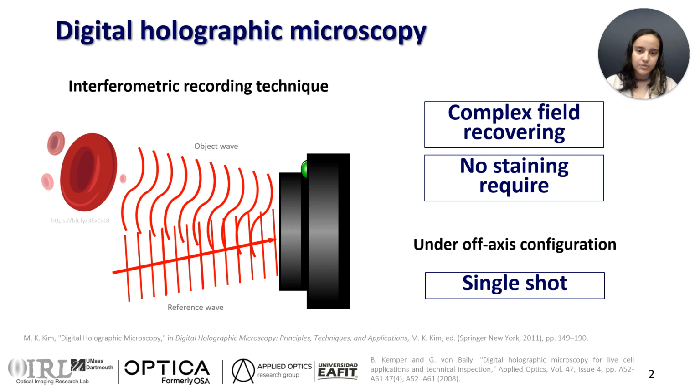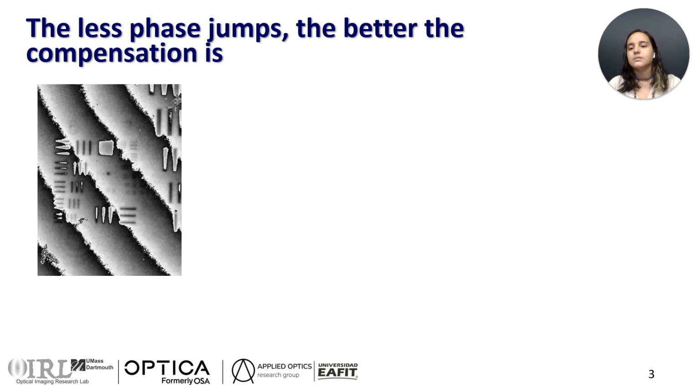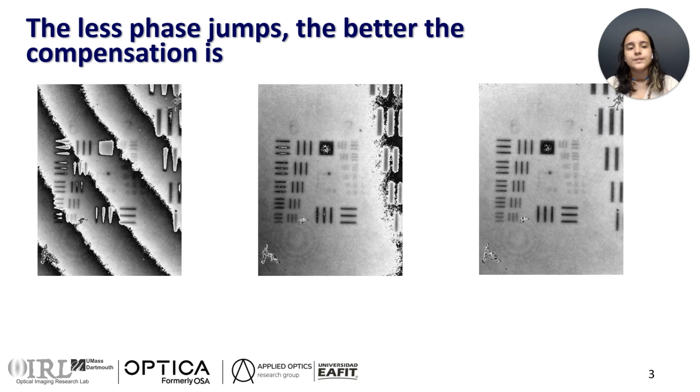So when we talk about phase map compensation, we have to keep in mind that the fewer phase jumps we have in our compensation, the better the compensation is. What this means, please see the three images that I present you here. The only difference between them is the phase of the digital reference wave that we created for the compensation.